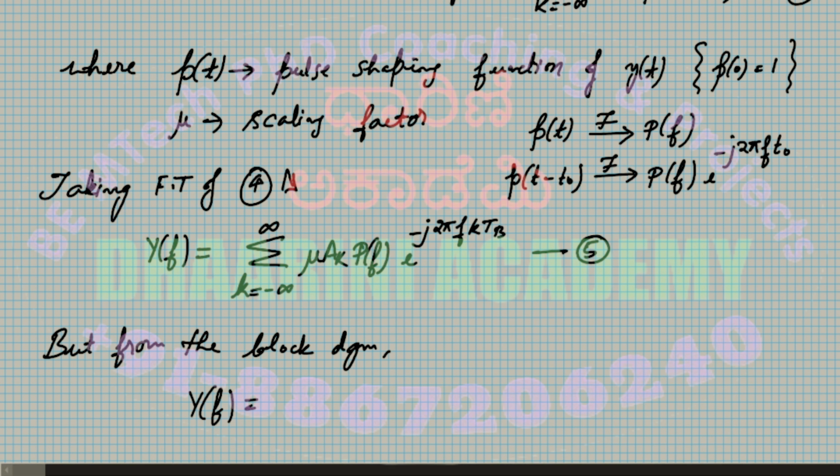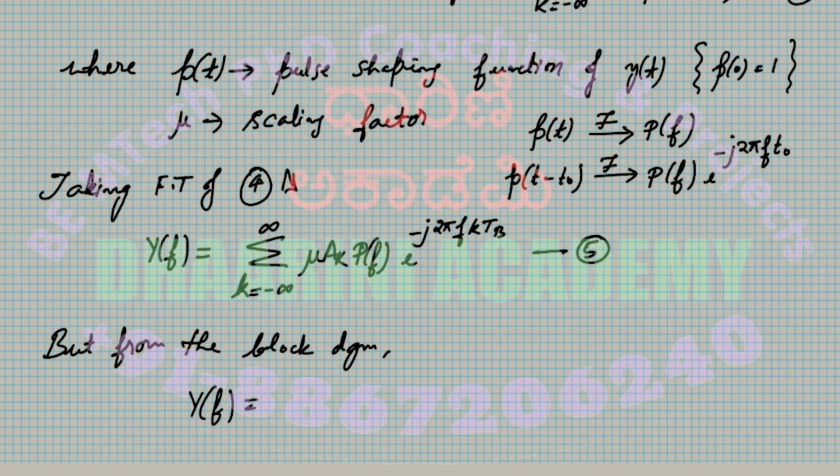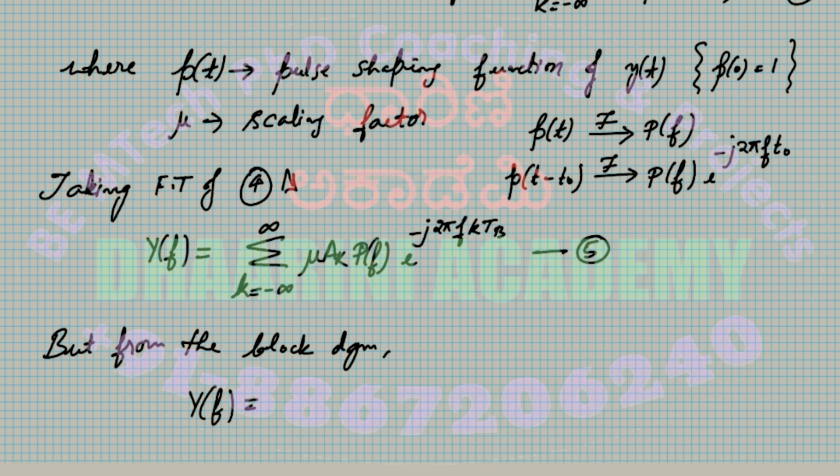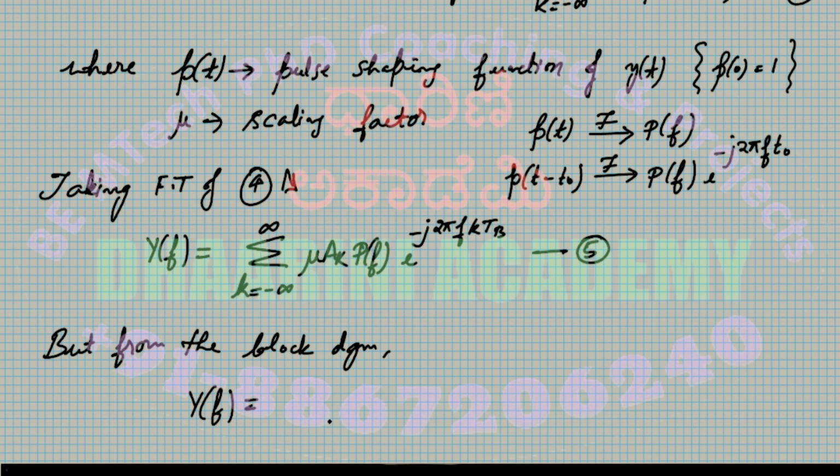But if you remember the convolution property of a Fourier representation, in time domain, if you have convolution, on the frequency domain, you have multiplication. That's why I am not writing y of t here, I am writing y of f. Y of f is nothing but, what is there on the leftmost side is the input signal. Input signal in the frequency domain is x of f.